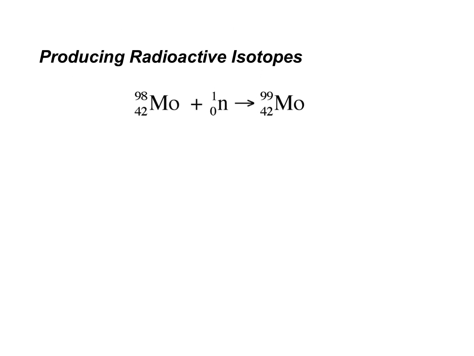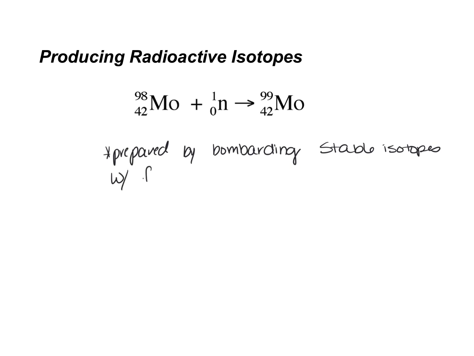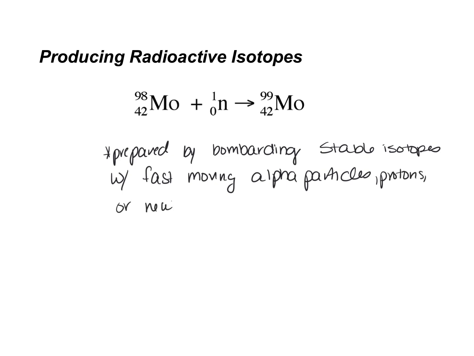Now, we can produce radioactive isotopes. We have naturally occurring radioactive isotopes and some that we can produce. These can be prepared by bombarding stable isotopes with fast moving alpha particles, protons, or neutrons.